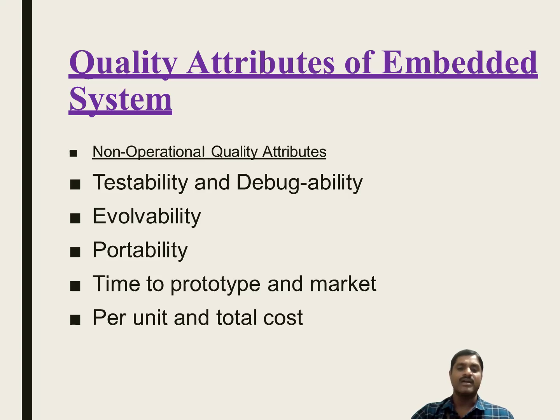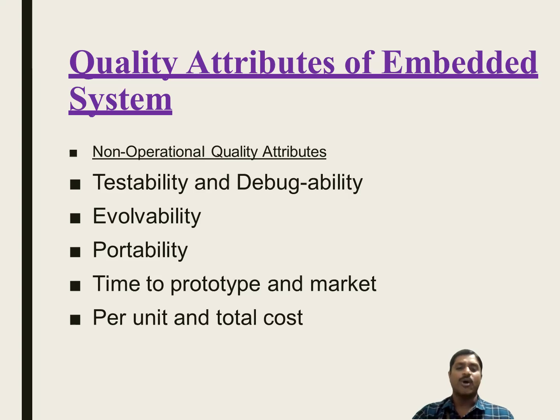Okay. Next, coming to the second non-operational quality attribute, which is availability. So what do you mean by availability? It is a term which is closely related to biology, where it is referred to as the non-heritable variation. So for an embedded system, availability refers to the ease with which the embedded product can be modified to take advantage of new software or hardware technologies.